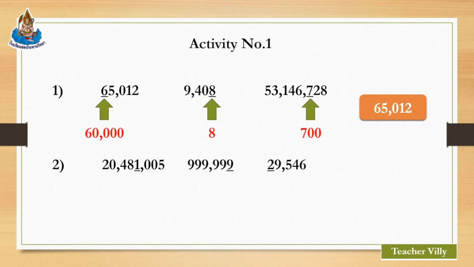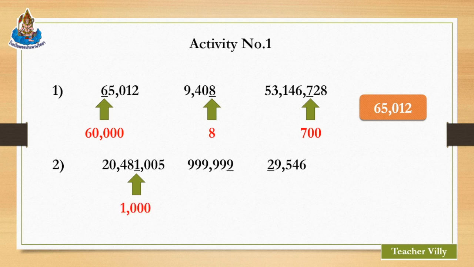Okay, so let's do it together. Let's take the number 20,481,005. What is the value of the digit 1, the underlined digit? So what is its value? Correct.